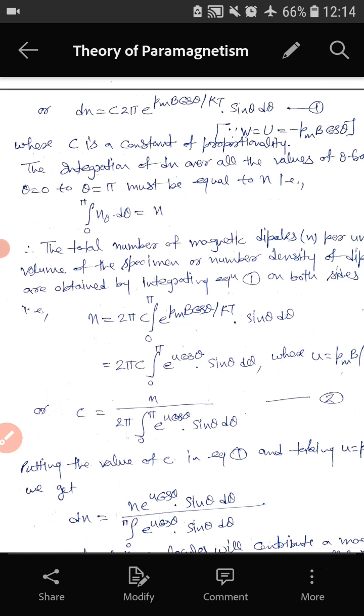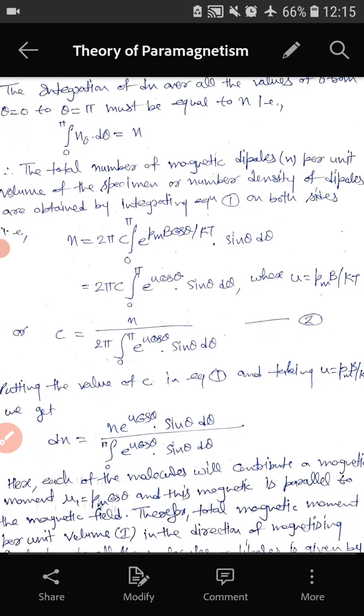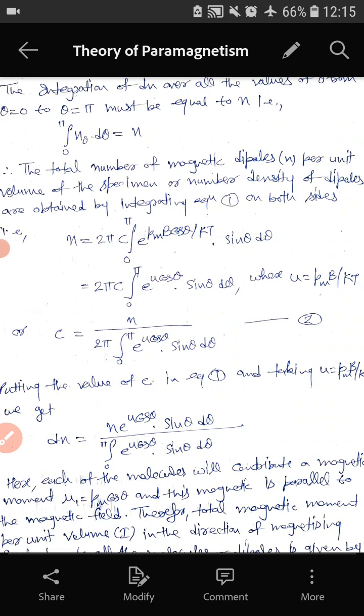Now define another constant u which is equal to PmB by kT. In that case this integral changes to 2 pi C from 0 to pi exponential u cos theta dot sin theta d theta, where u is PmB by kT.